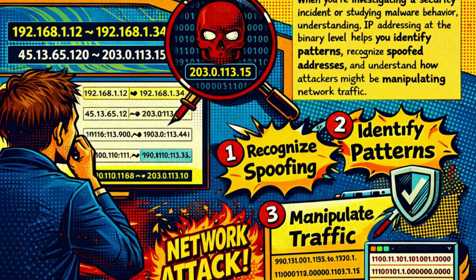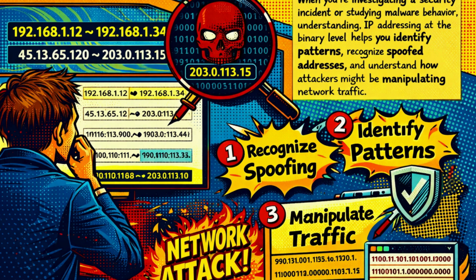That's 26 ones, making this a /26 network. The network portion uses 26 bits, leaving only 6 bits for host addresses. With 6 host bits, we can have 2 to the power of 6, which equals 64 total addresses. But we subtract 2 because the first address is the network address, and the last is the broadcast address, giving us 62 usable host addresses.